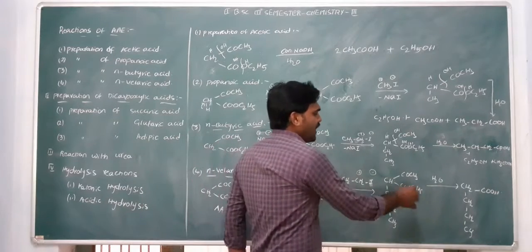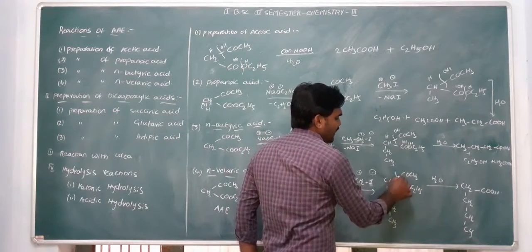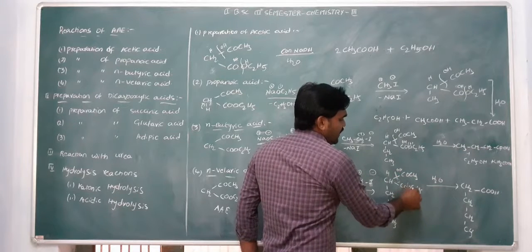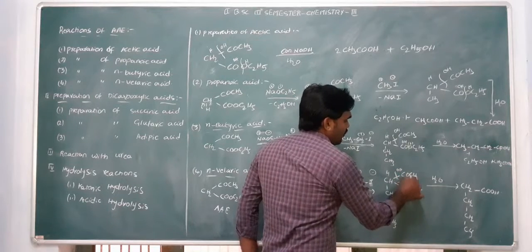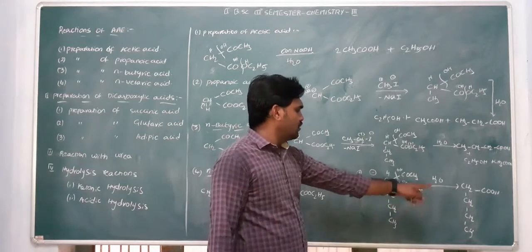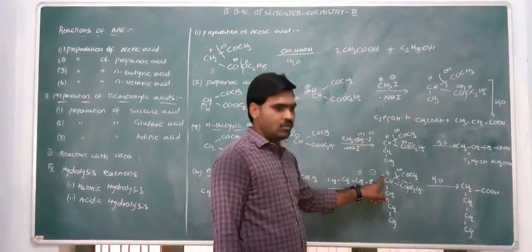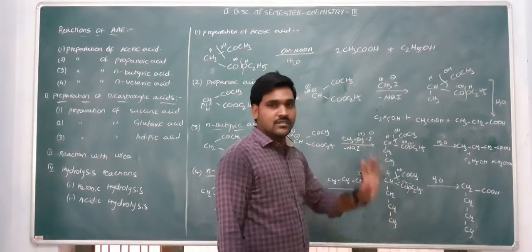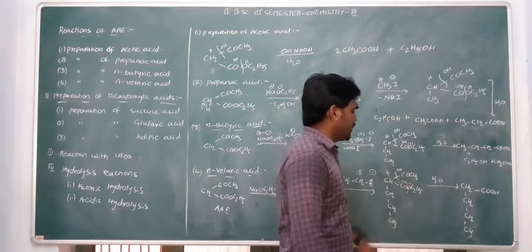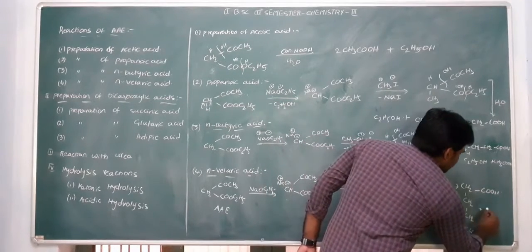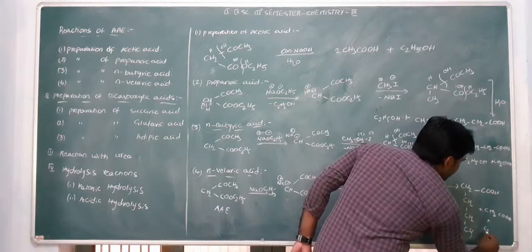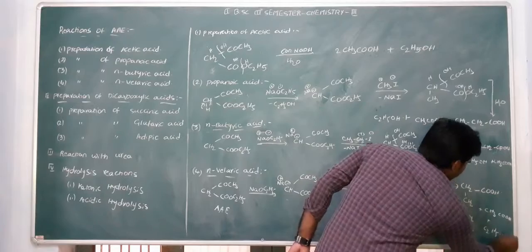Then hydrolysis breaks this bond and adds OH and H, giving CH3CH2CH2CH2COOH. The byproducts are CH3COOH and C2H5OH as usual.